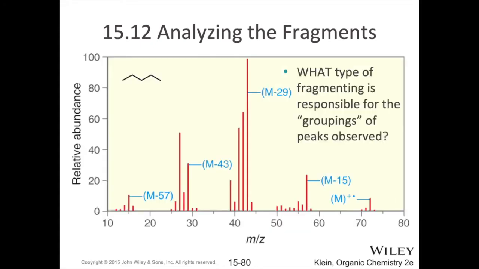Okay, so when you look at the actual graph, you can see these sort of groupings of peaks likewise here. So here's that peak where you've got your fragment that has lost a methyl group, and here where it's lost an ethyl group, and so on. You can tell from this that the fragment that's lost the ethyl group is probably the most stable out of all of those fragments.